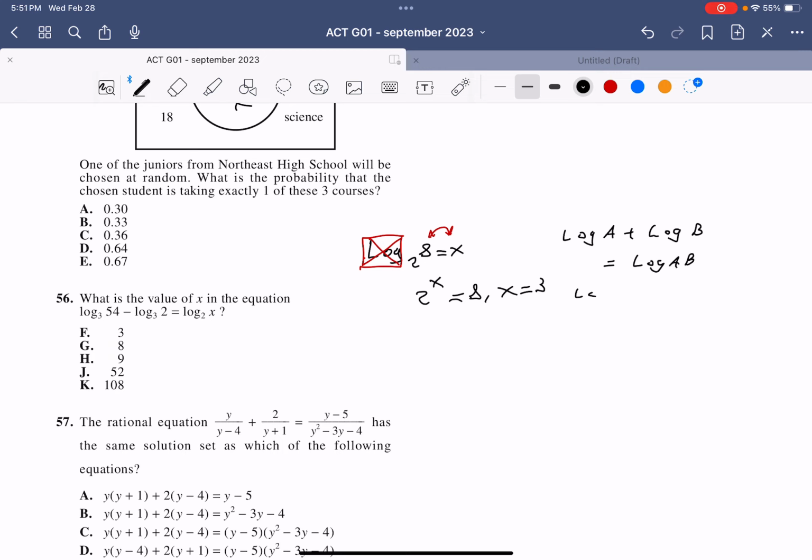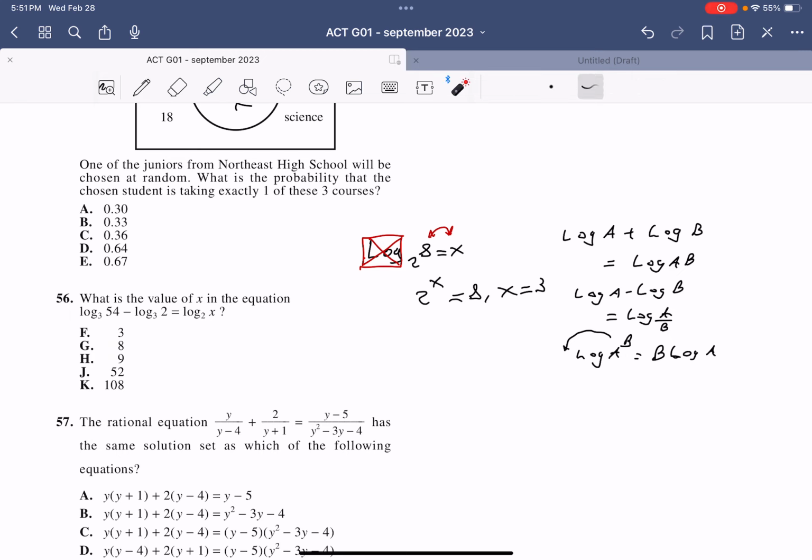If I do the log of a minus the log of b, that's the same thing as log of a over b. And if I have the log of a to the power of b, another way of writing that is to bring the power out front of the log, which is b times the log of a.